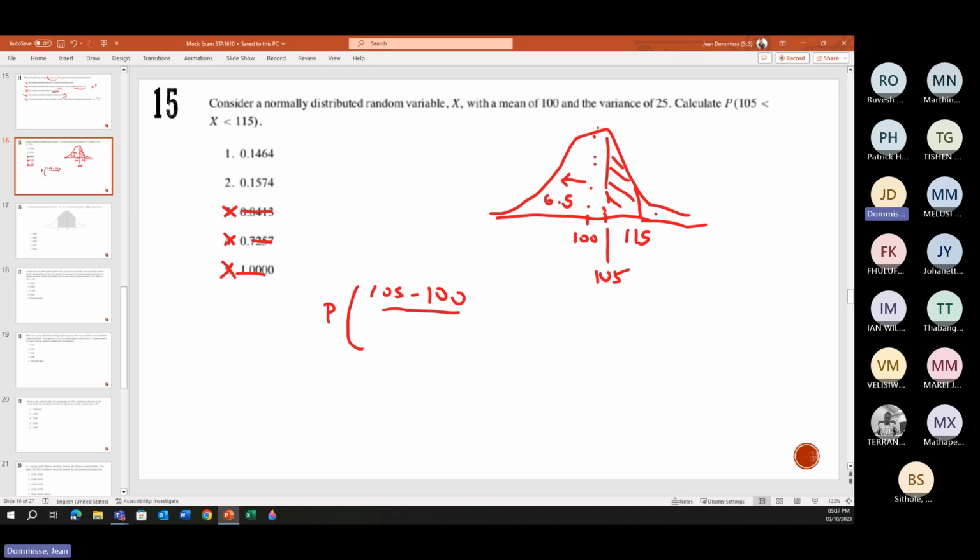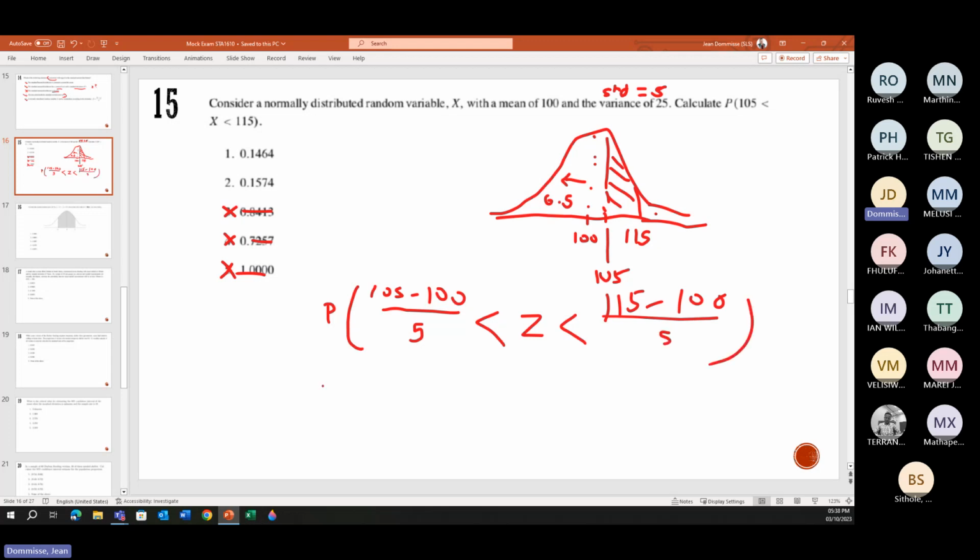Now again, a catch, because we need to get the standard deviation so that we don't work with the variance, but the standard deviation, that is 5. Then the other side is 115 minus 100 divided by 5.